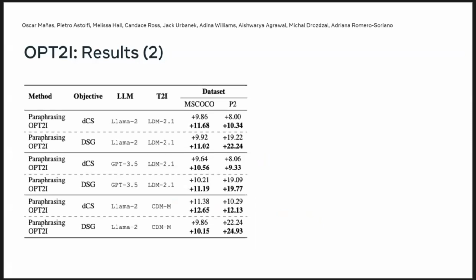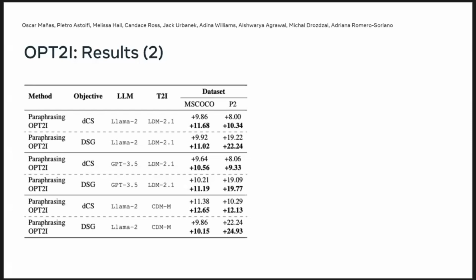So let's see these results in the form of a table. So here, what we are presenting is, again, the comparison between paraphrasing and the optimization by prompting approach, which we are calling OPT2I. And we are considering, again, different combinations of large language models and text-to-image models. And in this case, we also consider different scoring functions. So this is what we're calling objective in the table. So here we are considering the DSG scoring function.